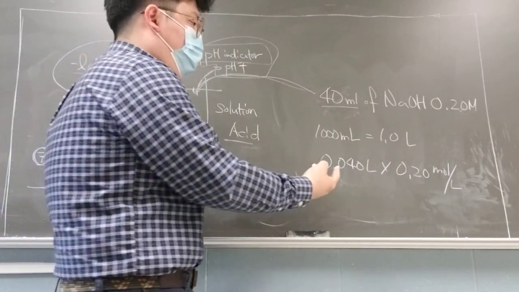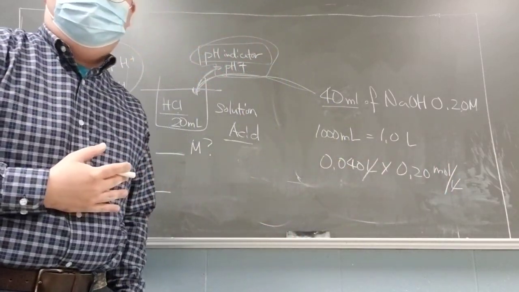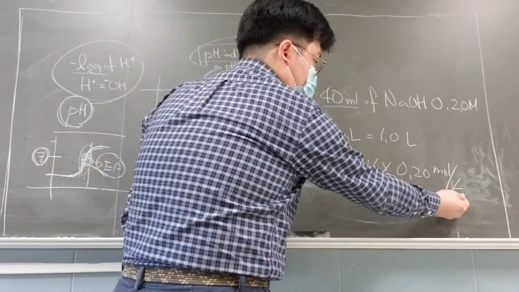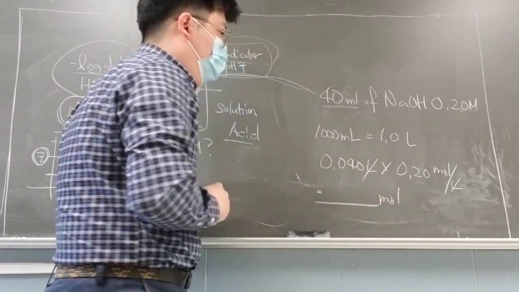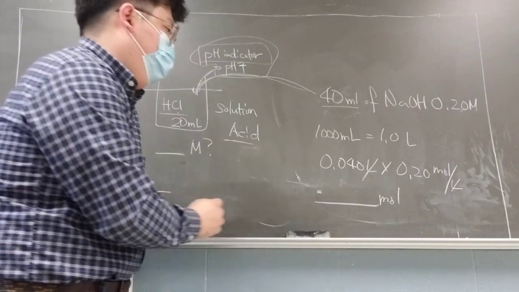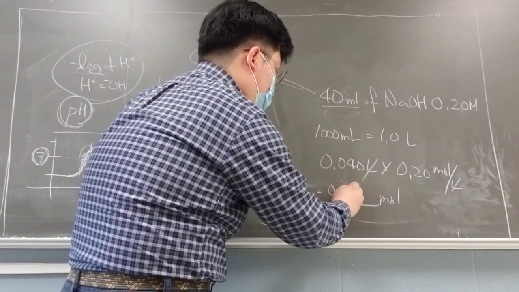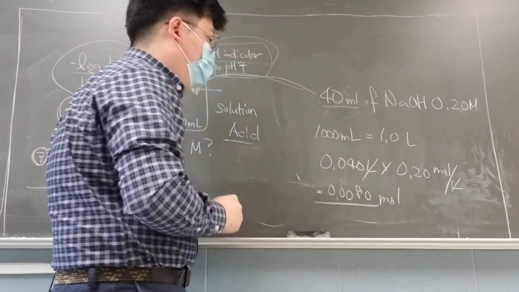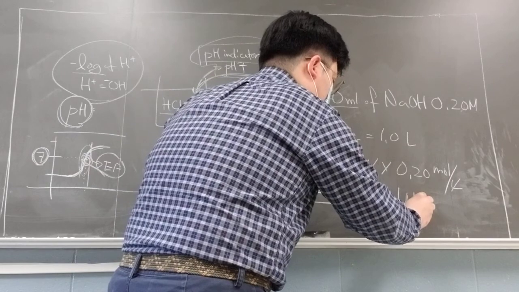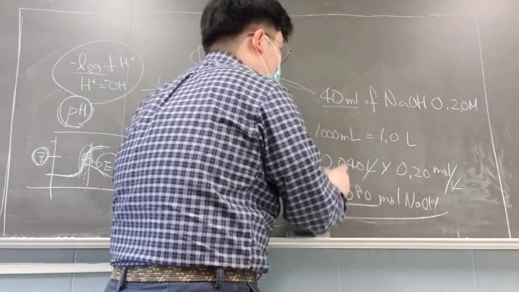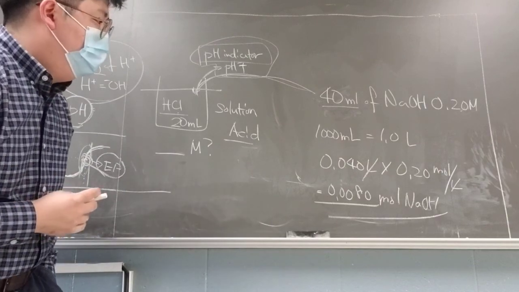So if you multiply these two numbers together, the units for volume, the liter, will cancel top and bottom, and you get the number in moles. So you have 0.008 moles of NaOH in this solution over here. Makes sense, right?